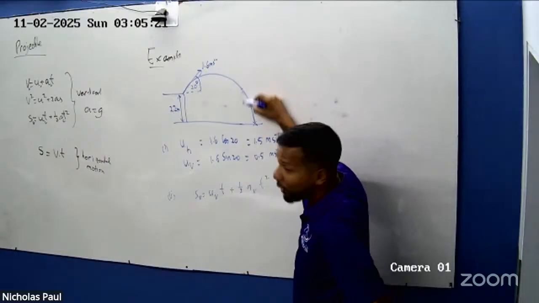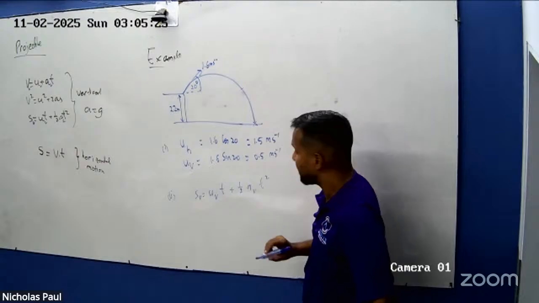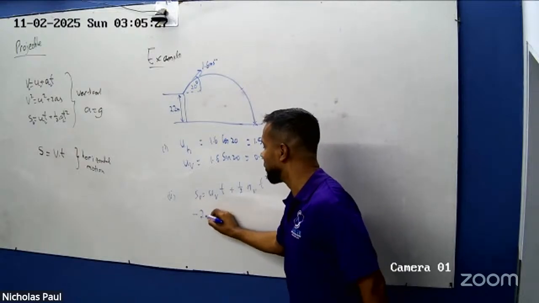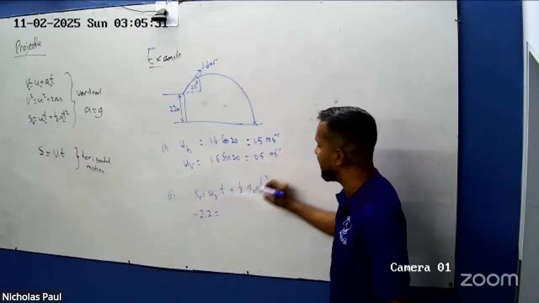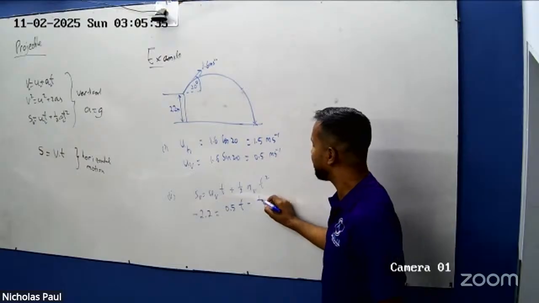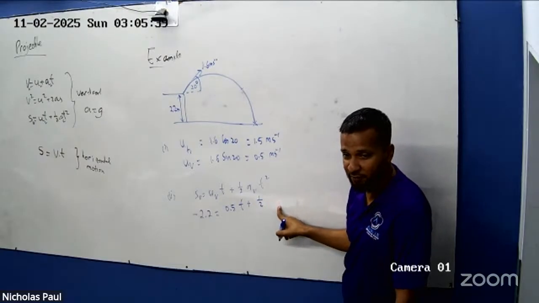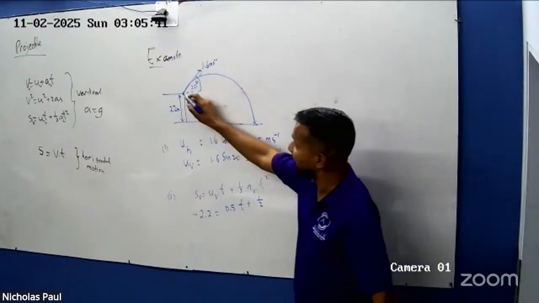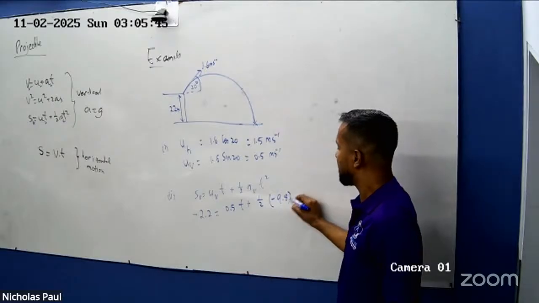Once you go below your starting point, it will be minus. So it will be minus 2.2. The initial velocity vertically is 0.5. We don't know what t is. Do I put positive 9.8 or negative? Because it starts going upwards first, so that will be minus t squared.